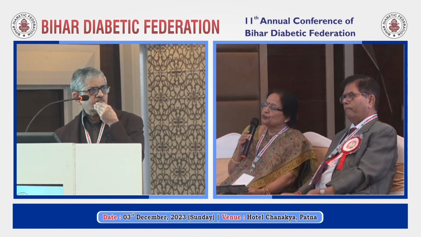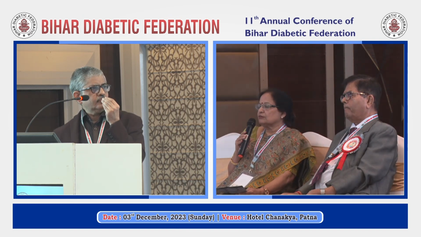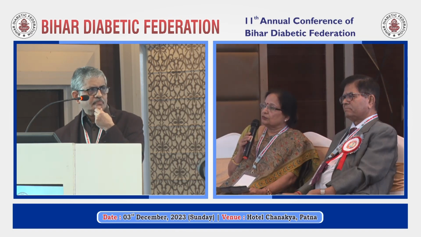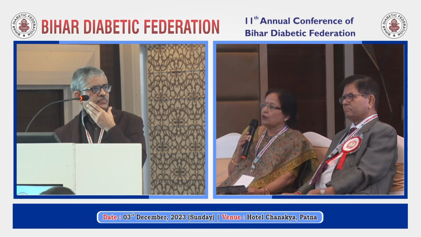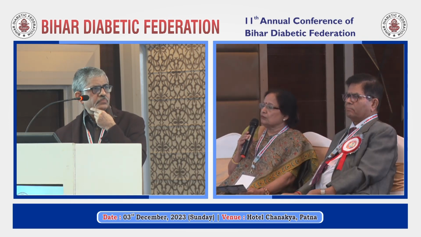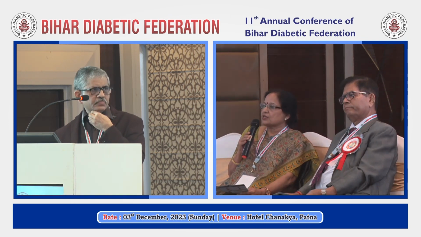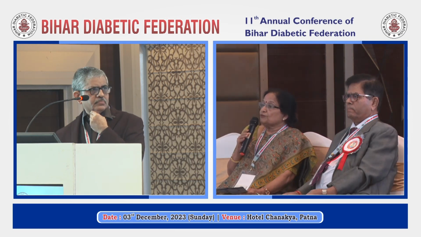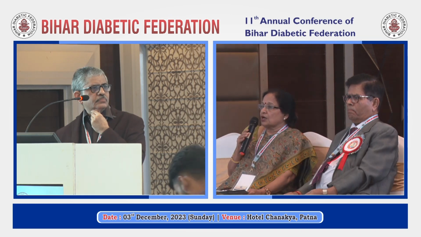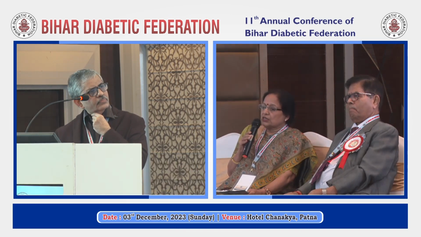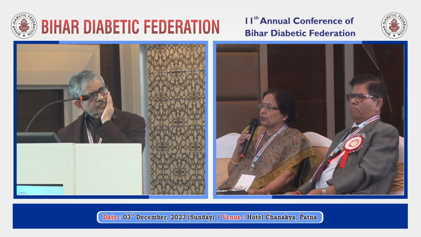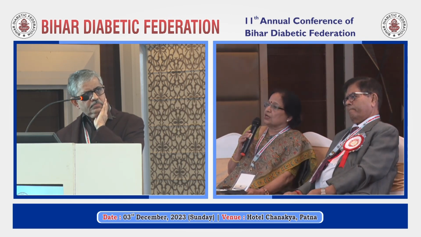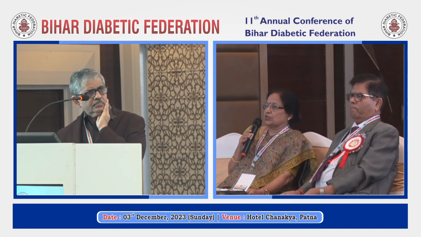And before that, there should be well-controlled maternal blood sugar. And maternal hyperglycemia stimulates the fetal pancreas after 10 weeks and insulin secretion. And if at that time it is high, then there is some programming of the pancreas in the fetus, which can develop diabetes at a later age.